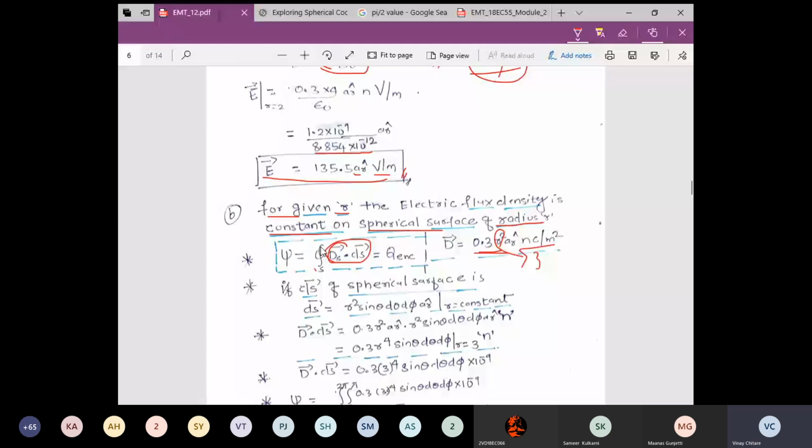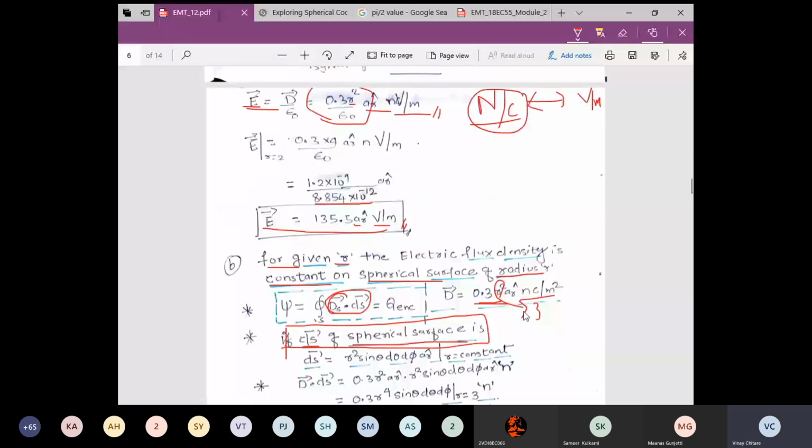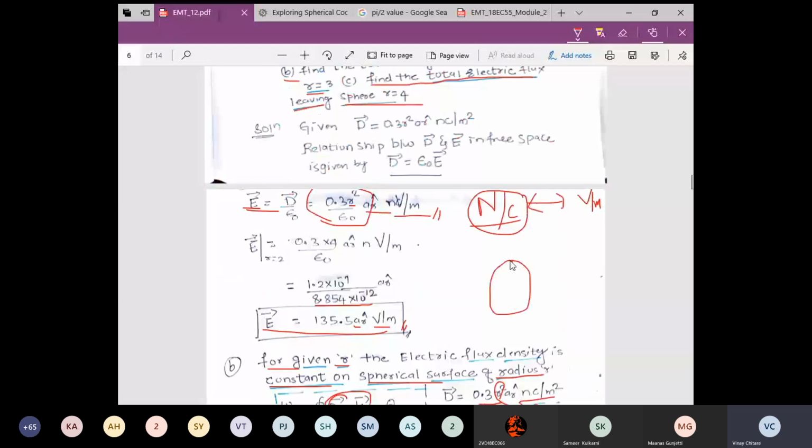So the first thing now, we need to find the differential area of the spherical surface. So here comes the concept which we have learned in the previous class, the differential element of the spherical surface. So anyone could tell me, how do you find the differential area of a spherical surface?